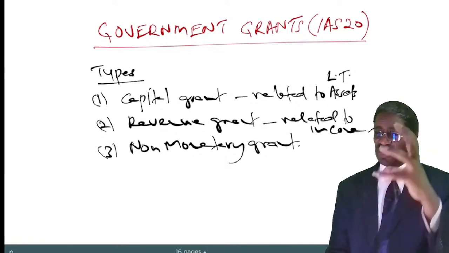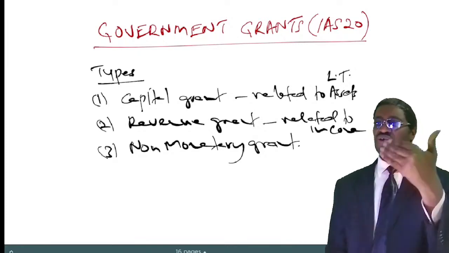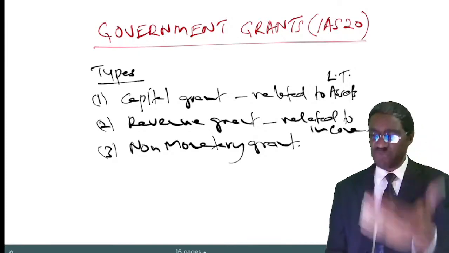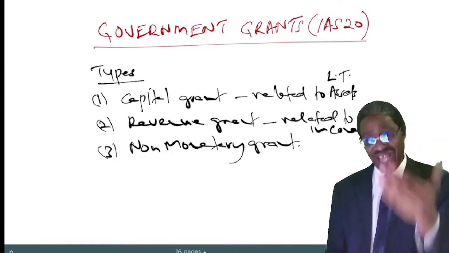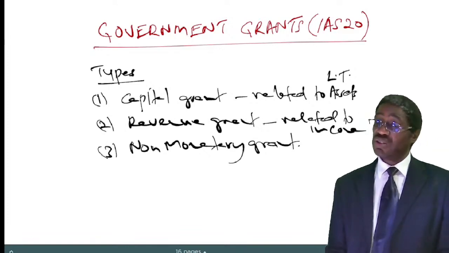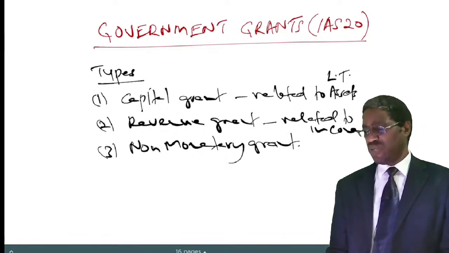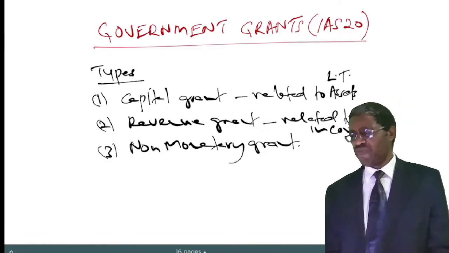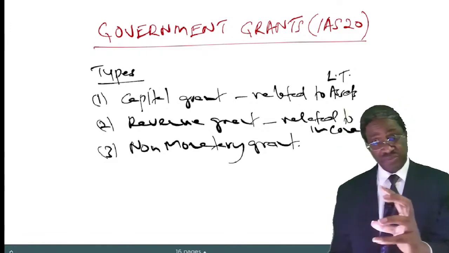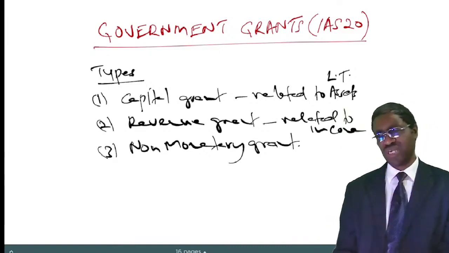The condition is to use it to meet the running expenses of your business. That kind of grant is what we call a revenue grant. That is the second type of grant you might receive from the government.